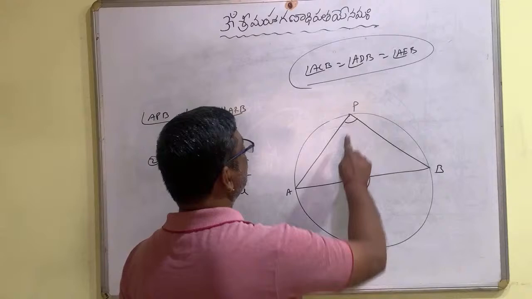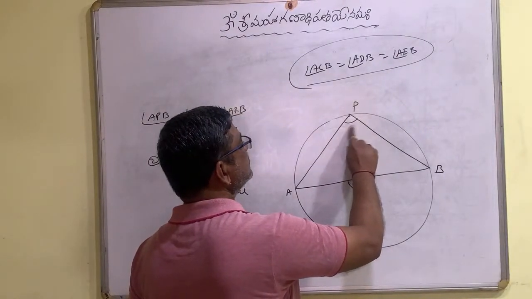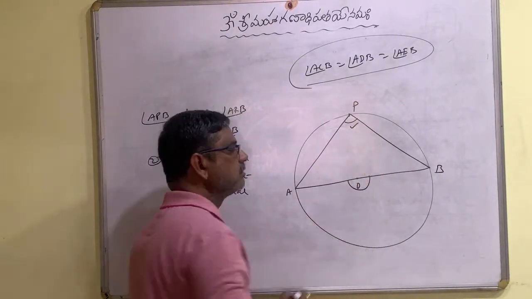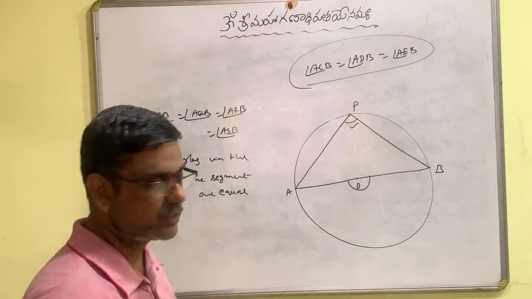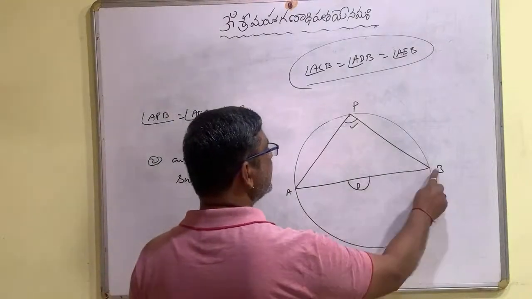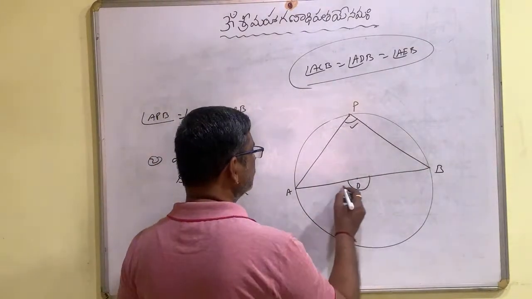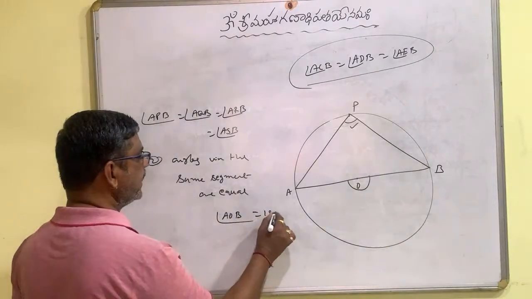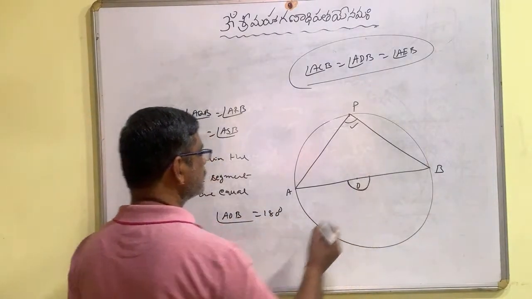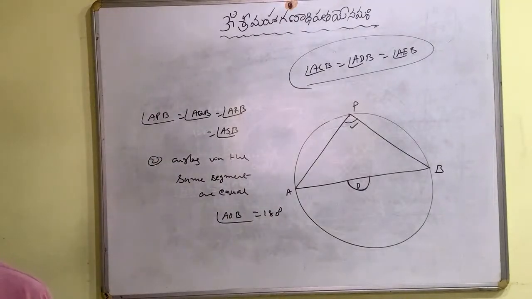So children, can anyone say what is the measure of this angle? See, AOB is the diameter. So angle AOB is 180 degrees. This is one straight angle. Okay?